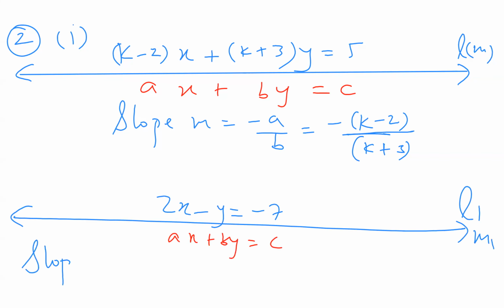Slope m1 is equal to minus a by b. A in this case is 2, and b is the coefficient of y, which is minus 1, so m1 is 2. I applied the general format equation to get the slope of both the lines. Now both the lines are parallel.